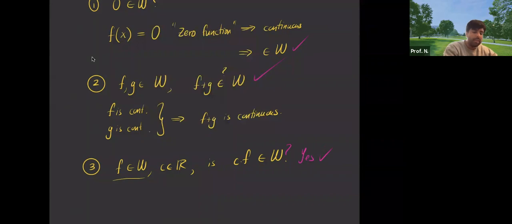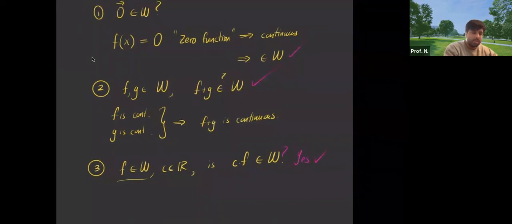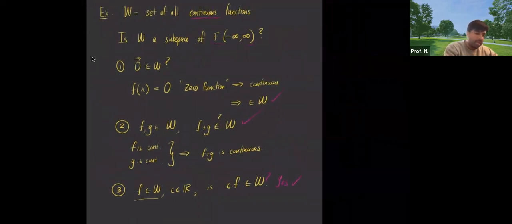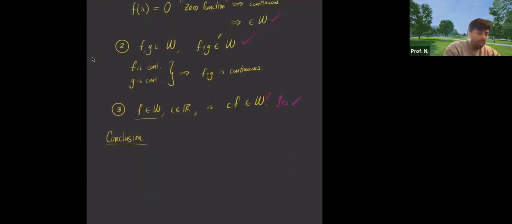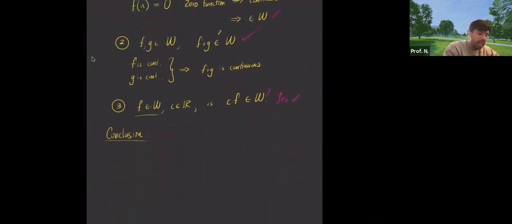But you see how we're coming back to vectors? So then what's the conclusion? W is a subspace of F. Yes, it is.